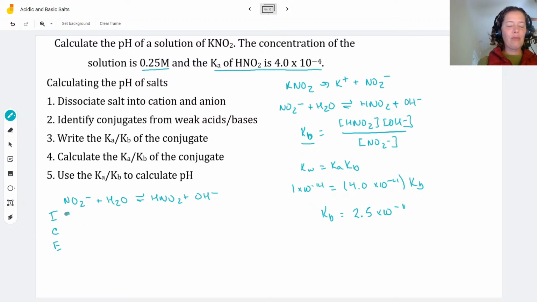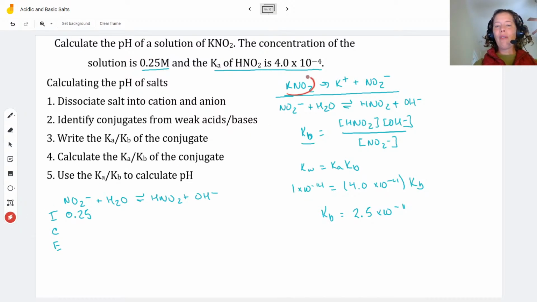It is 0.25 molar. The other thing that I should probably point out, because I've just been kind of skimming over this, assuming that you guys are understanding the stoichiometry behind this. Going back to our balanced chemical equation for the salt dissolving in water, notice that we have a 1-to-1 ratio of our salt and our anions, which means our concentrations here are equal.